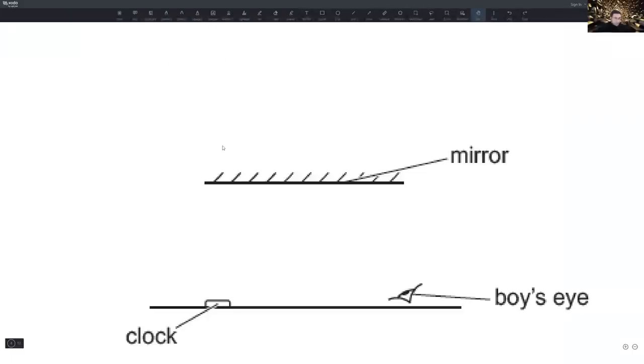Behind the mirror, not on the mirror. It appears as if it's behind the mirror. And your eyes know, your brain knows it's on the mirror, but it appears behind the mirror. So where exactly? Somewhere here, right? It looks like it's like 1 meter, 2 meters behind the mirror. So what we're going to try to do is draw light rays to find the location of the image. Okay?